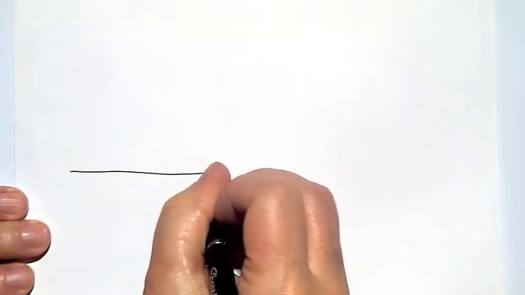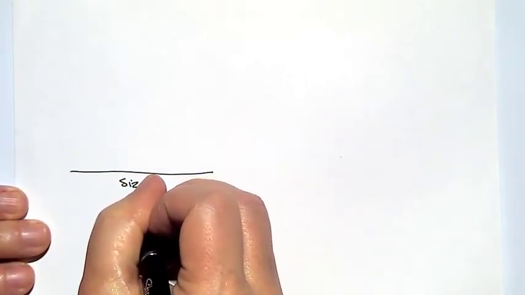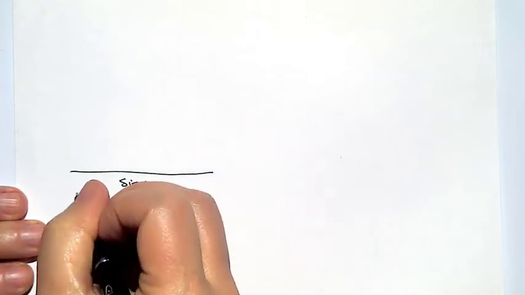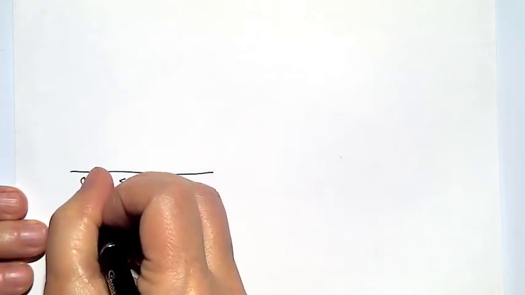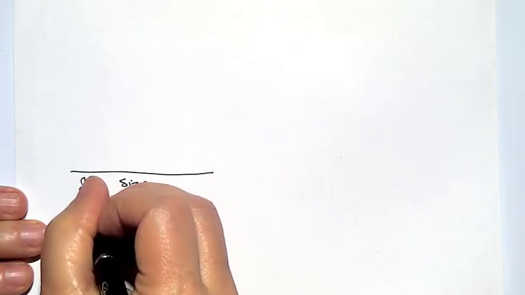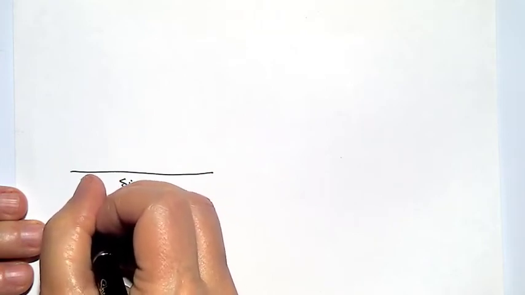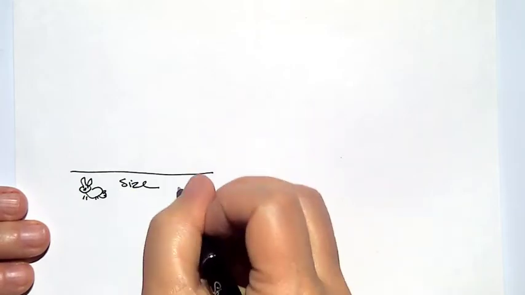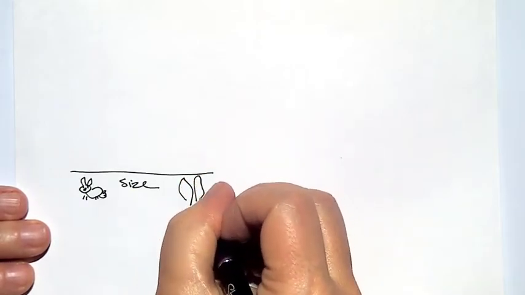Let's draw. We're going to start with a range of traits. Let's say size in rabbits. We have little rabbits over here and very large rabbits over here.